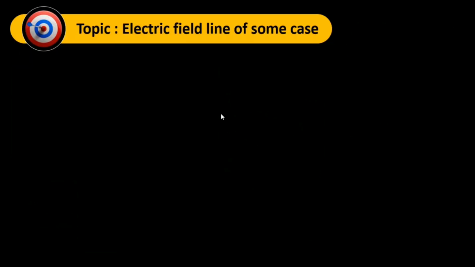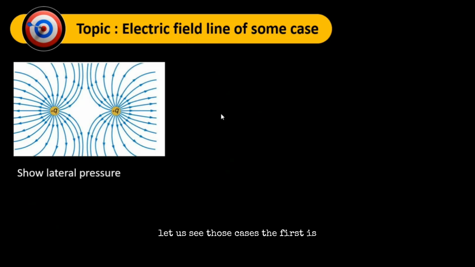Let's move on. Let us see electric field lines in some cases. The first is two positive charges. As we know, two positive charges always repel each other, so their field lines will also repel each other. The field lines will do the same, represented like that.